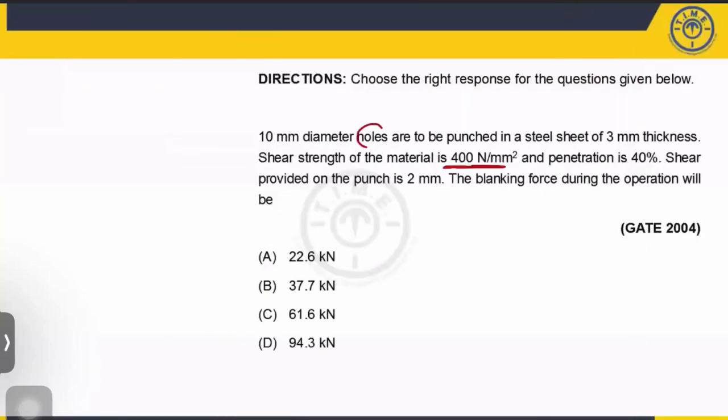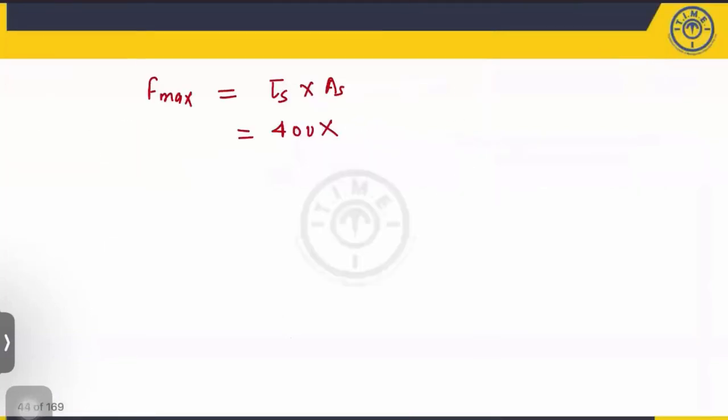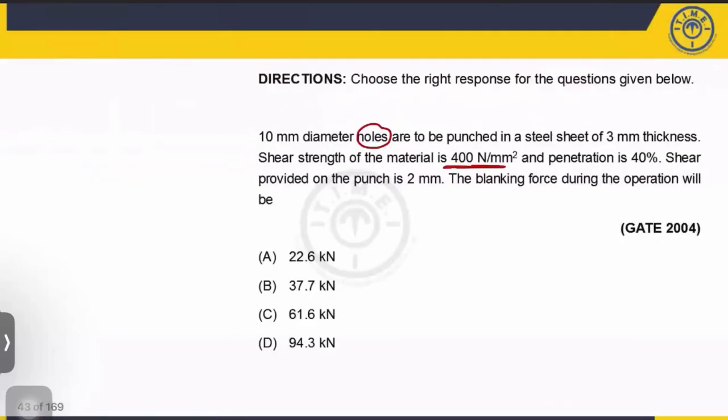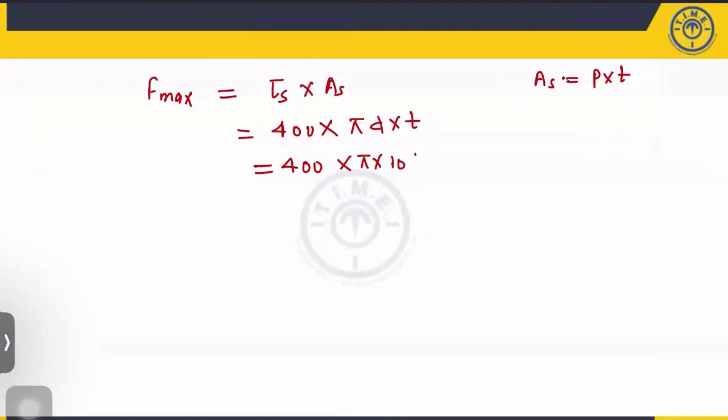You know the hole you are creating, so the shear area is the perimeter into thickness. What is the perimeter? The perimeter is pi d. So this is 400 into pi into d into thickness. What is the diameter given? The diameter is 10 and the sheet thickness is 3. What is this value? 400 into 12 into pi.